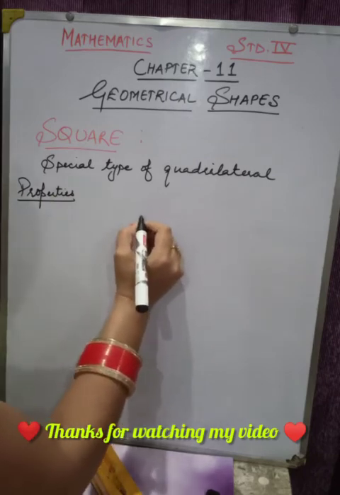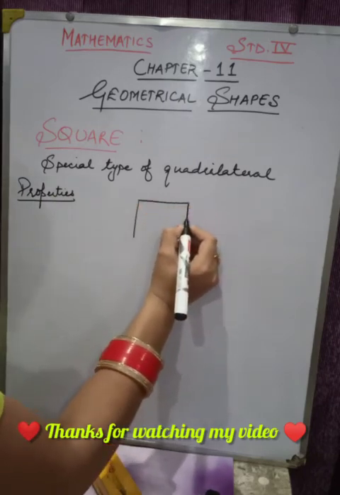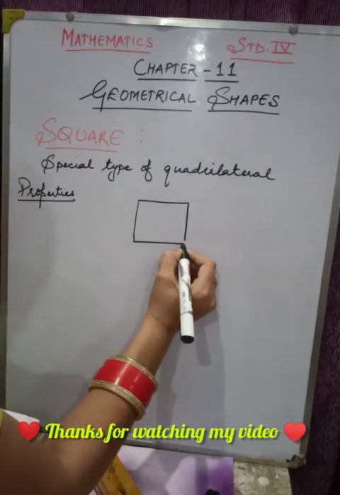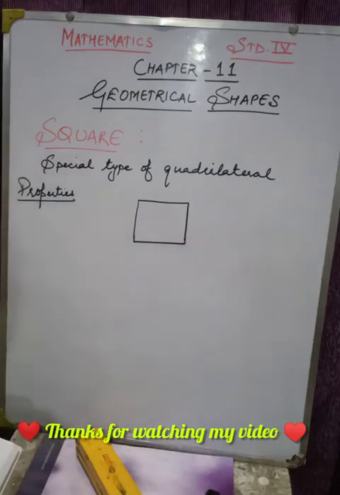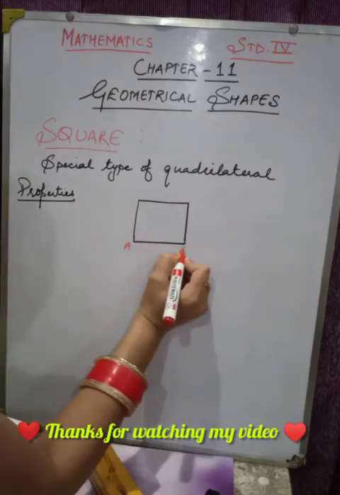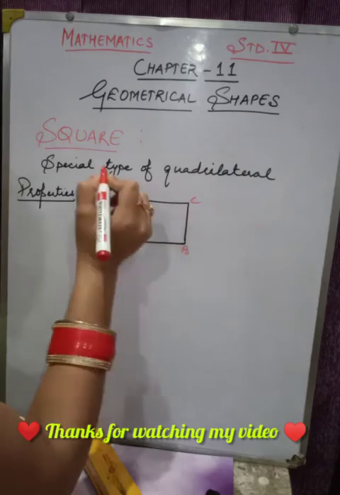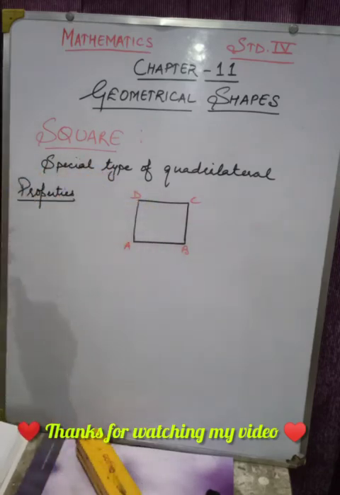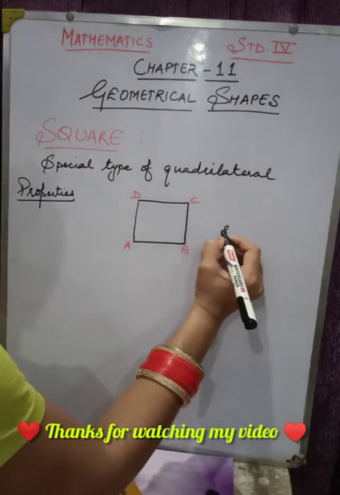First of all, I'll make the figure to make you clear. So this is the shape of square. We'll write the names A, B, C and D. So this is called square ABCD.